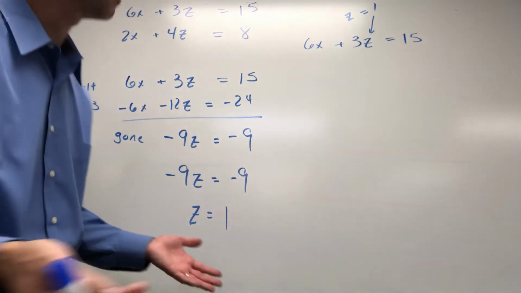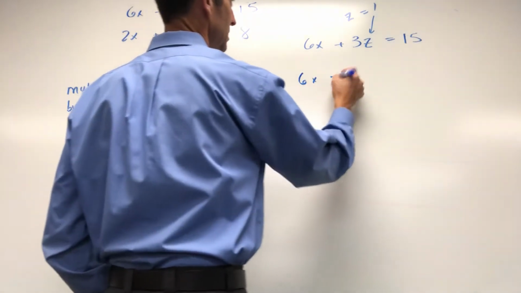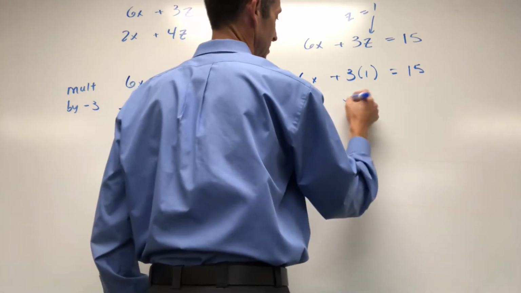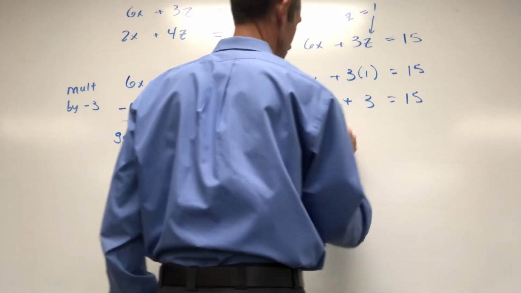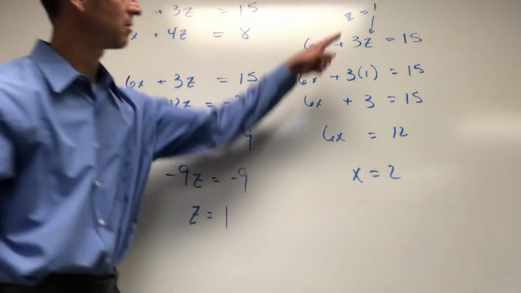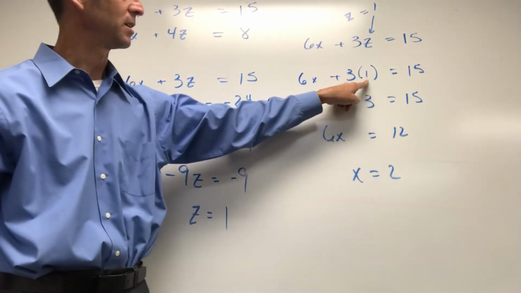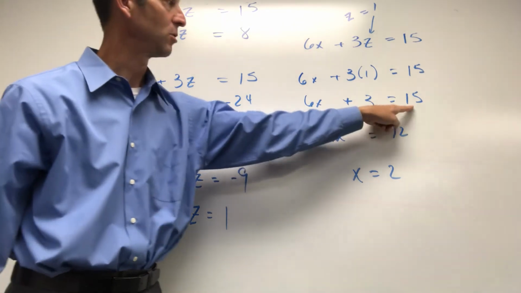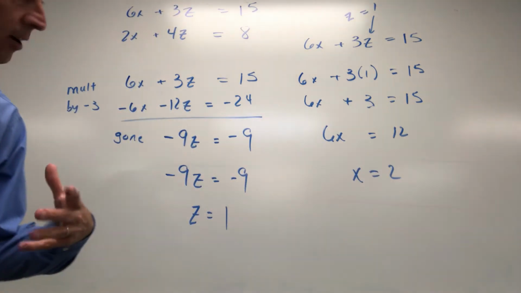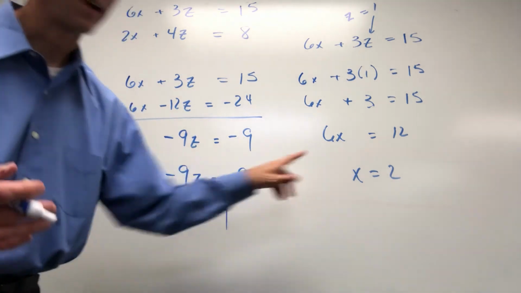You just put it in there, knock it out. 6x plus 3 times 1 equals 15. So we take our z equals 1, plug it in, subtract the 3, 15 minus 3 is 12, and now you've got your answer for x.